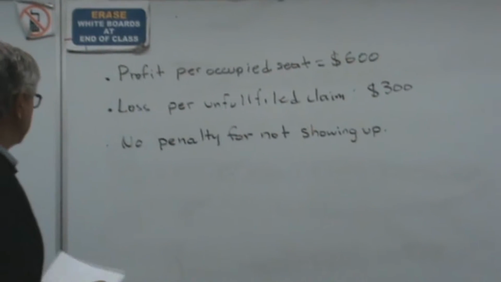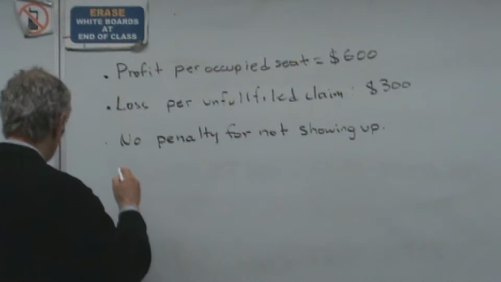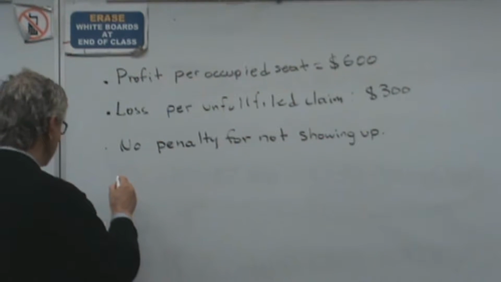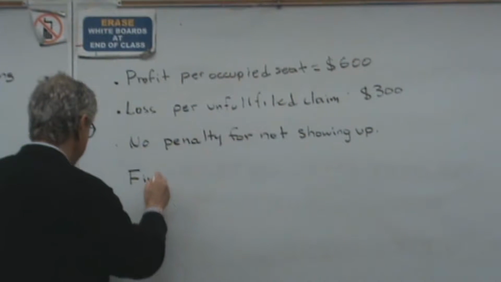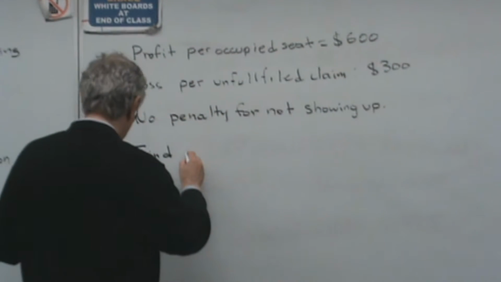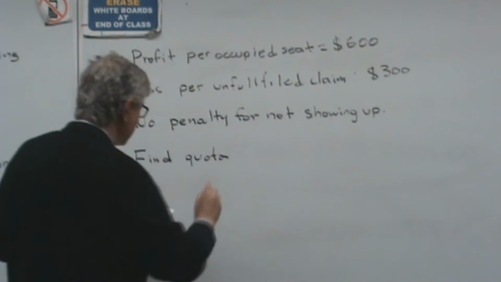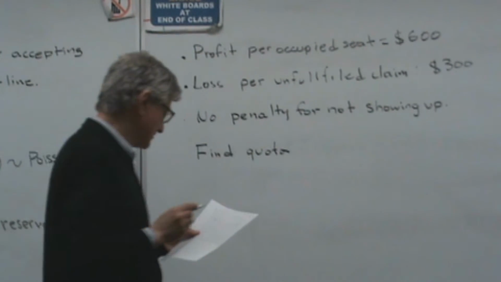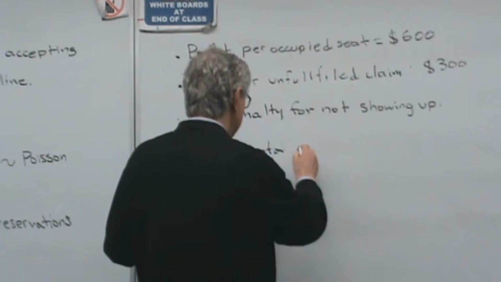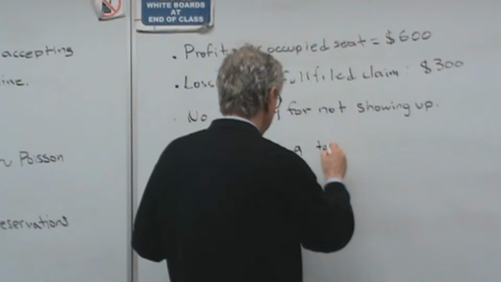Okay, so given all these rules, we want to find the optimum quota to maximize profit. So the objective is to find a quota. That means where do you stop accepting reservations, if you are the airline, to maximize profit.